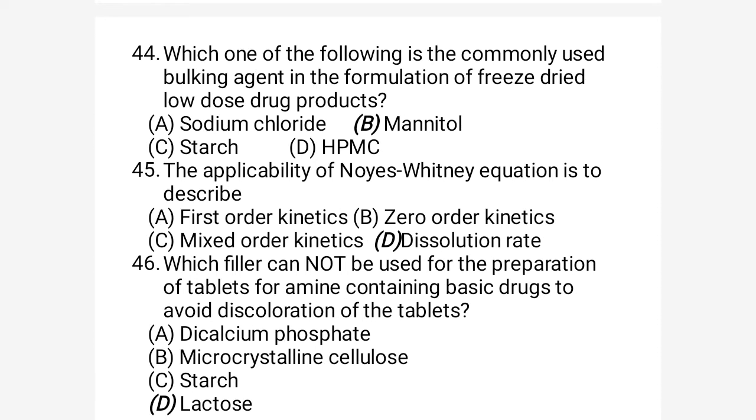Next, question 44. Which one of the following is the commonly used bulking agent in the formulations of freeze-dried low dose drug products? What is the meaning of freeze-dried low dose drug product?